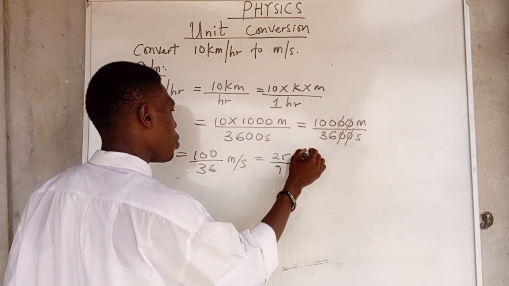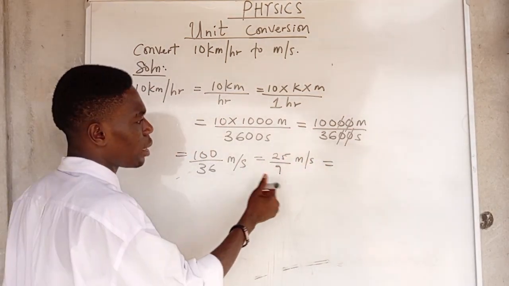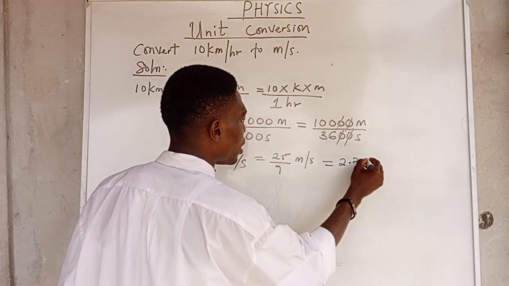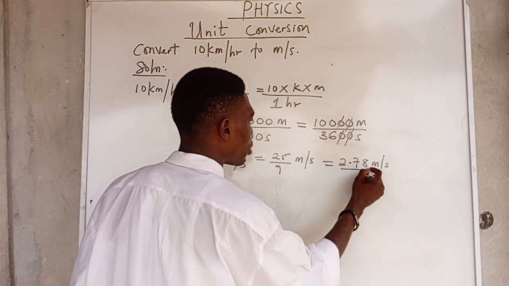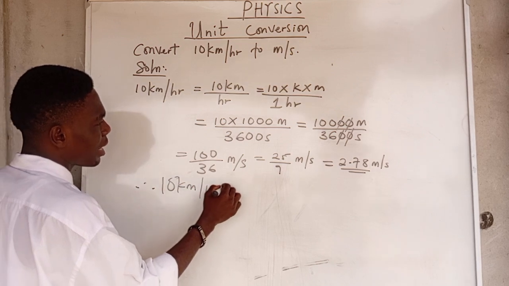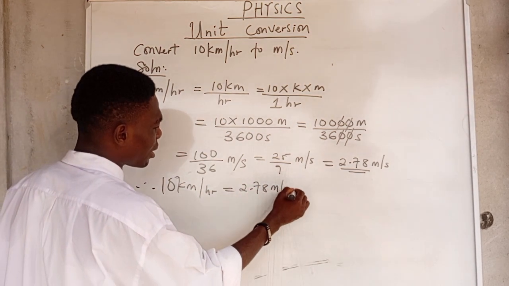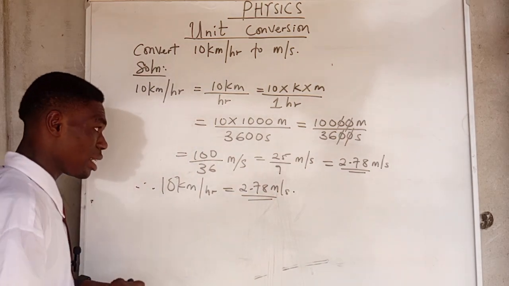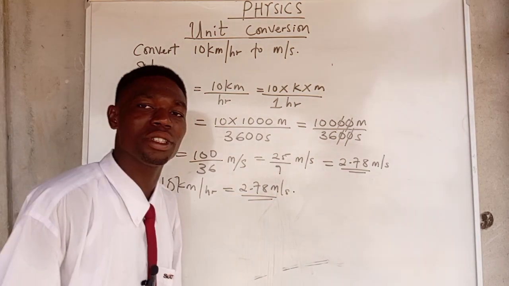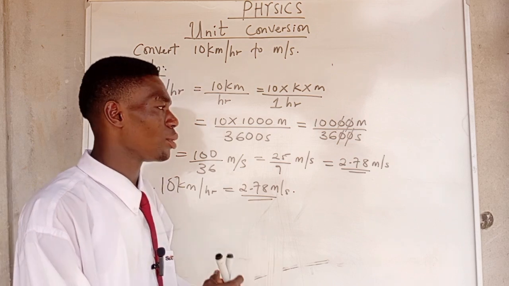So this is 25 over 9 meter per second. And if you divide 25 by 9, it will give you 2.78 meter per second approximately. Therefore, 10 kilometer per hour is equal to 2.78 meter per second. And you can see how using unit prefixes makes unit conversion easy to do.